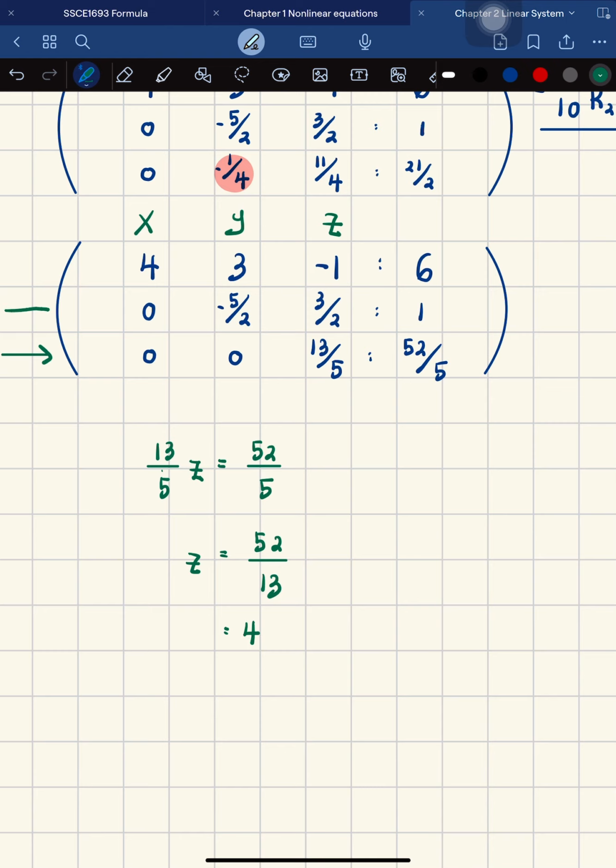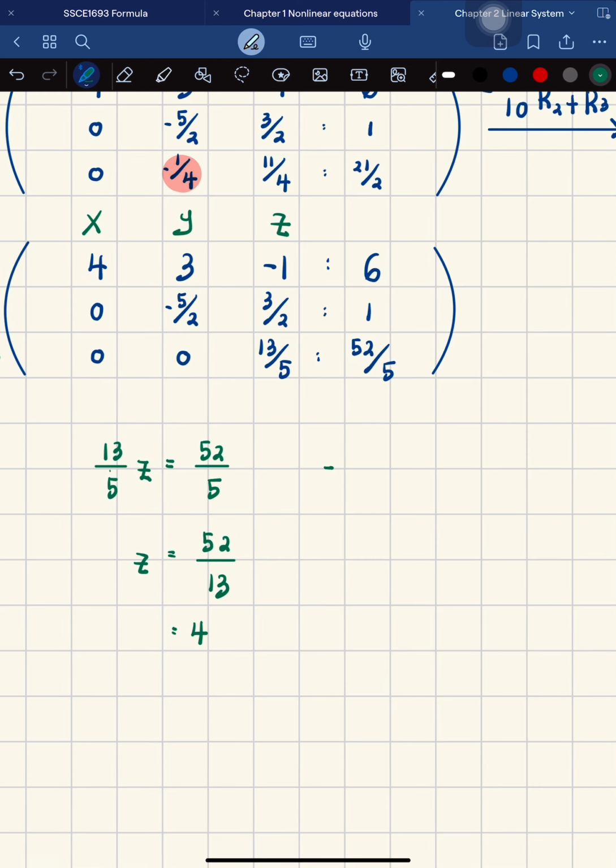And then focus at the second row. So we have negative 5 over 2 y plus 3 over 2 z equal to 1.